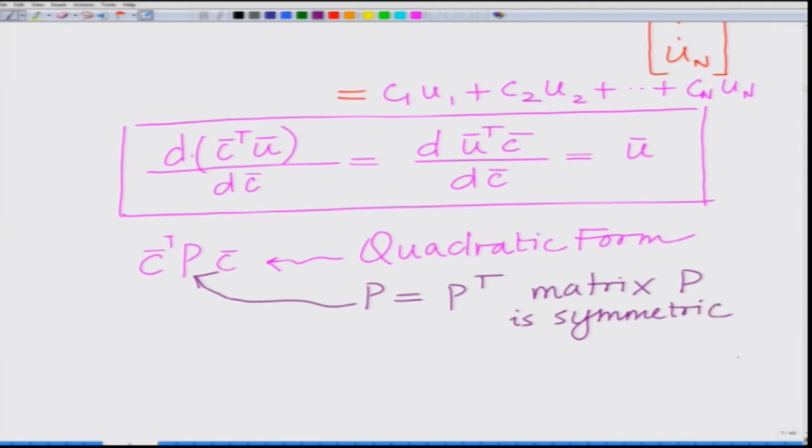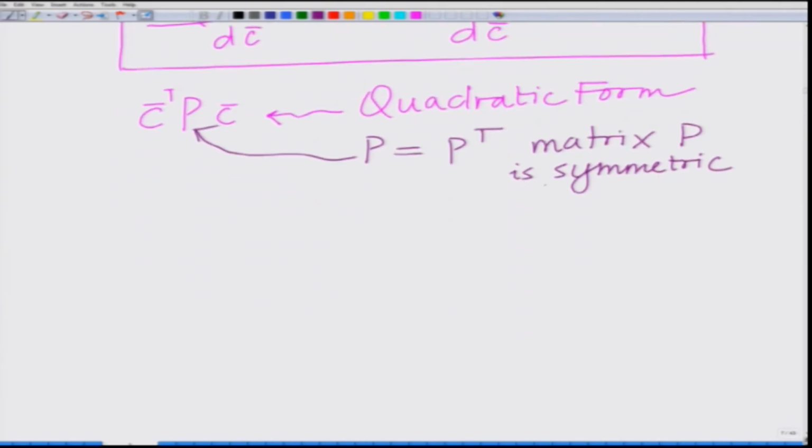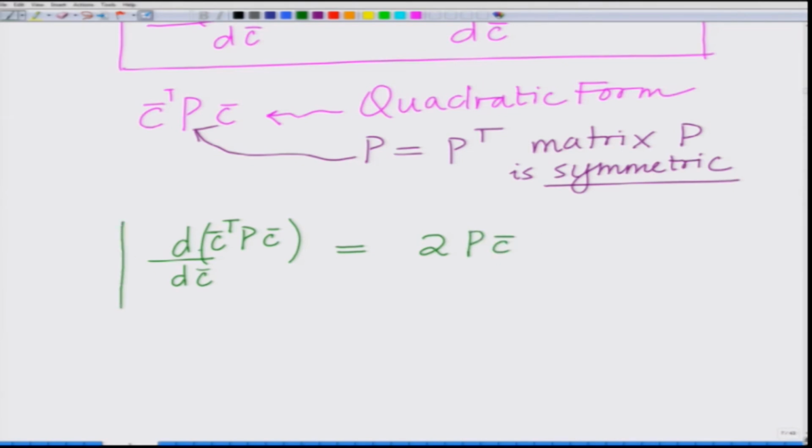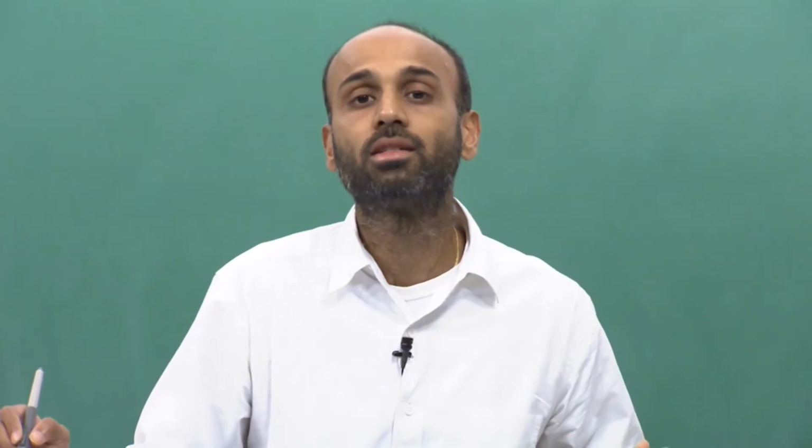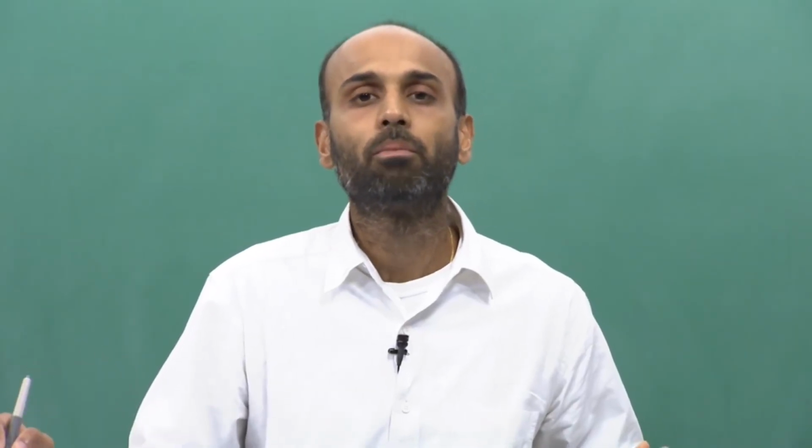It can be shown that in this scenario the derivative of C bar transpose P C bar with respect to C bar is equal to twice P C bar. We will not show this explicitly here, but the derivative of this quadratic form with respect to C bar is twice the matrix P into C bar, where P is a symmetric matrix, that is P equals P transpose.